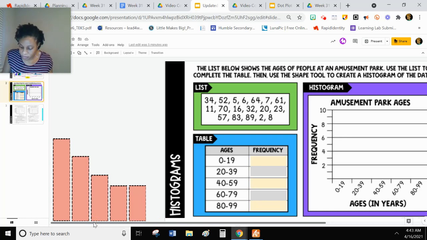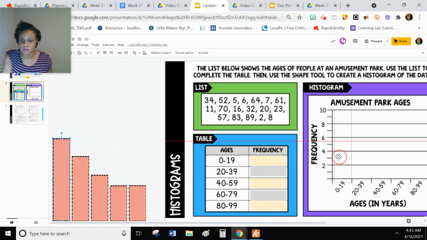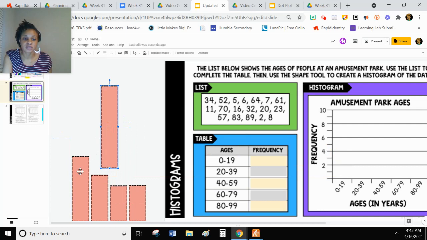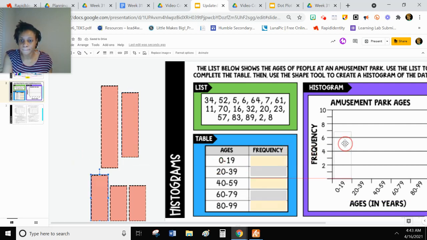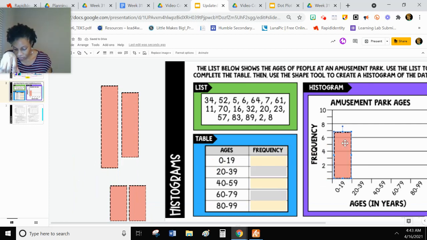So the tallest should be 7. So I believe this is probably 7. Oop, nope, it's way over 7. Let's try the next one. Is this 7? Nope, that's over 7. Jeez, which one is 7? That's 7. And then we have 4 for the second one.